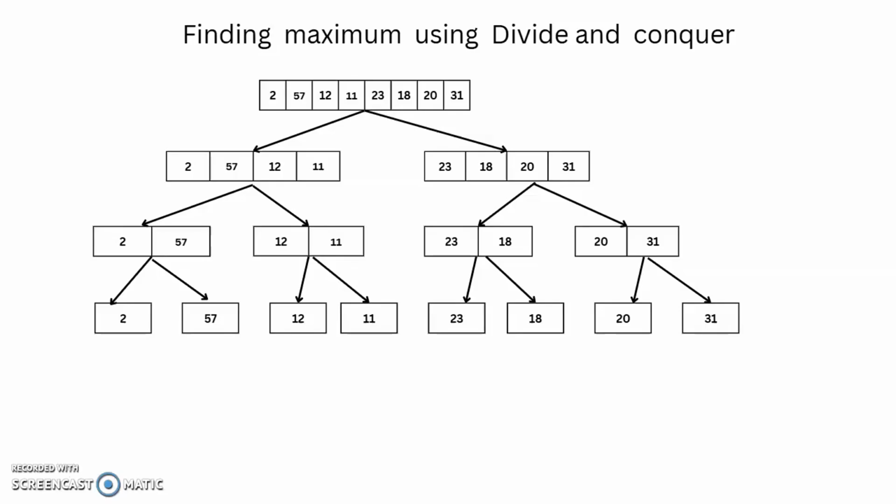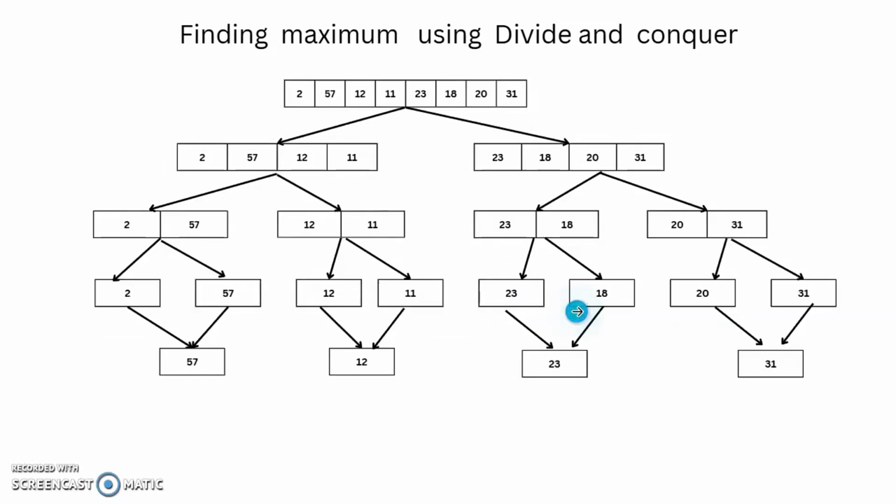Finally we are getting each list containing only one number. That is, we cannot further subdivide the list. So we have to divide the list and continue the process till each list contains a single entity, that is one number.